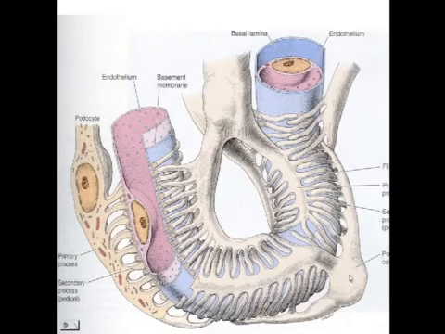You can see this is the cell body of the podocyte, and there are these cytoplasmic extensions just like the tentacles of an octopus, and these give rise to further processes which are known as the foot plates or foot processes, known as the pedicels.